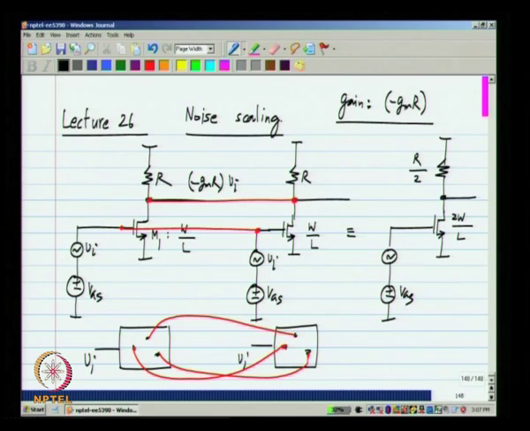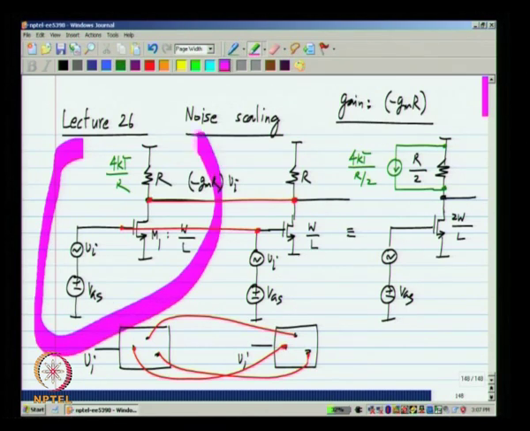In this circuit, it is very easy to see that the noise current from the resistance has doubled. It is 4 kT divided by R by 2 instead of 4 kT divided by R in the original circuit, which is just that much.